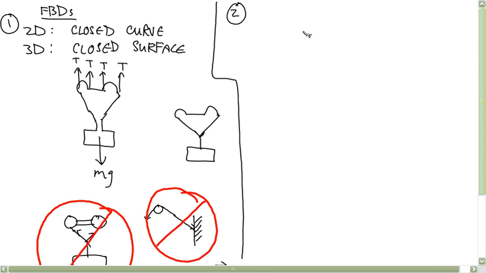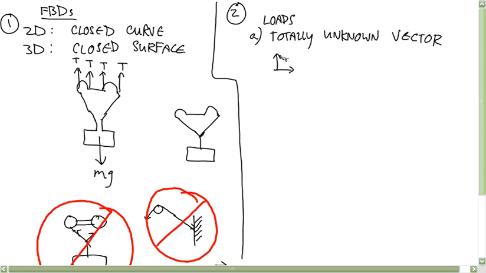You can have a totally unknown vector, in which case you draw something like this with an x component and a y component.